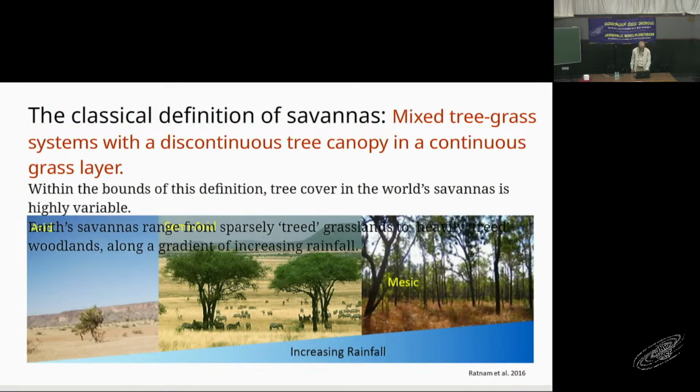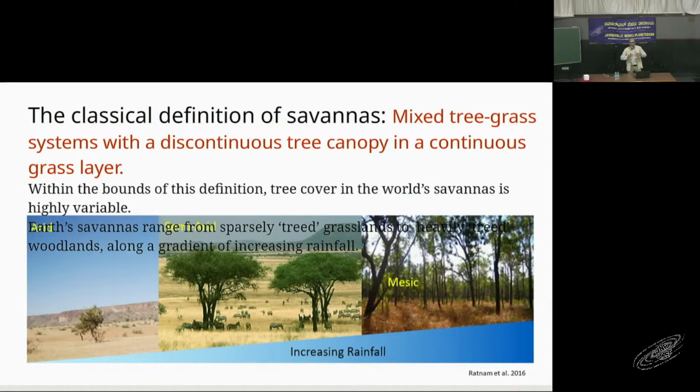So the classical definition of a savanna is that it's a mix of tree-grass systems where you have a continuous grass layer on the ground and a discontinuous layer of trees on the top.